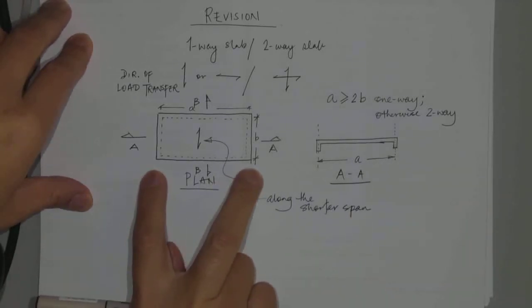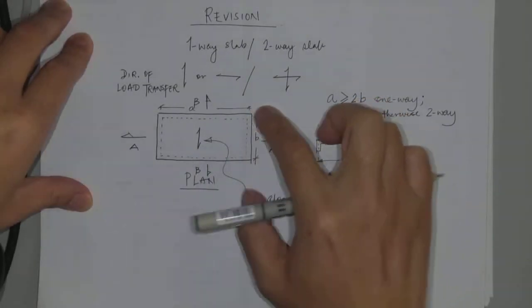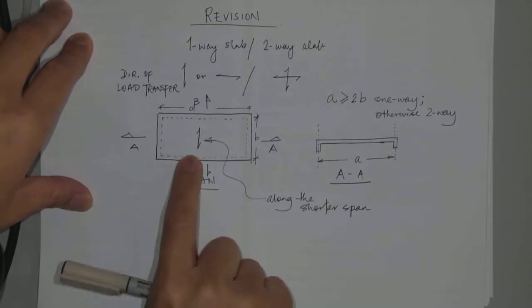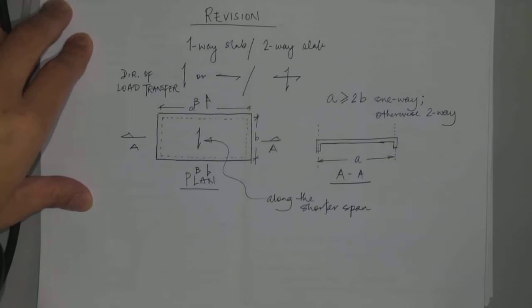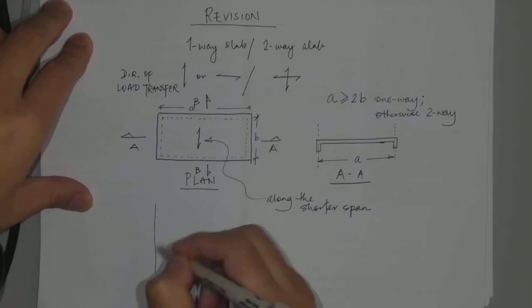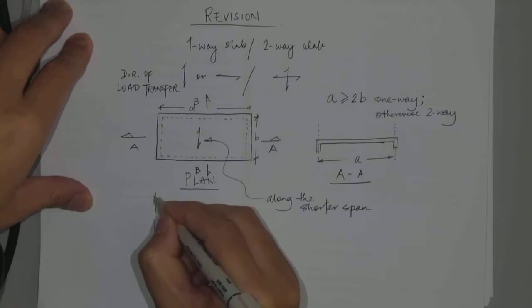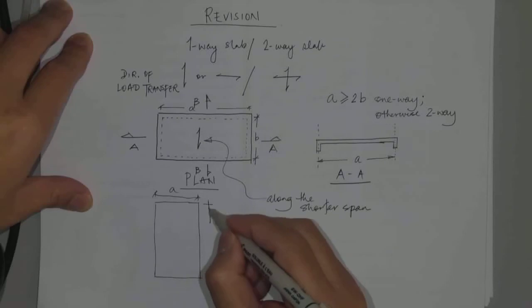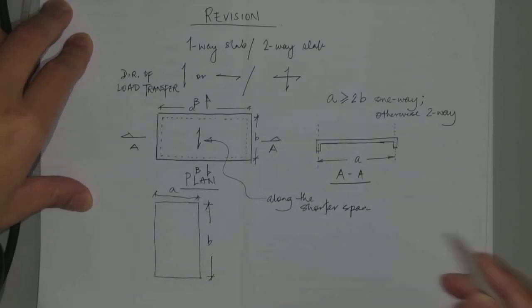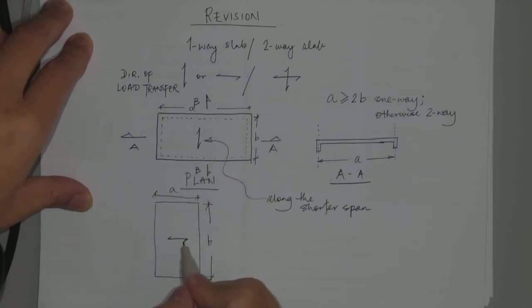In other words, if B is larger than A, then that symbol would be in the horizontal direction. If you have a situation like that, where this is your A, which is now much shorter than B, then that symbol would be like that.